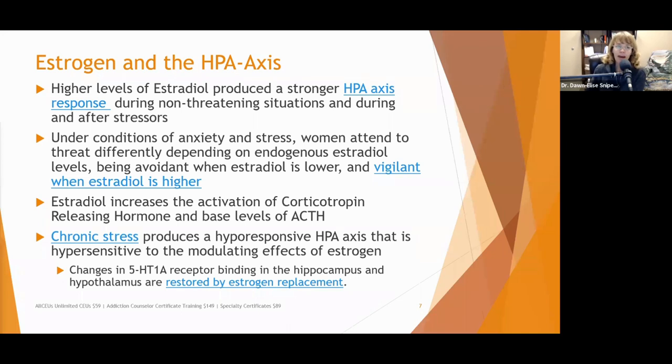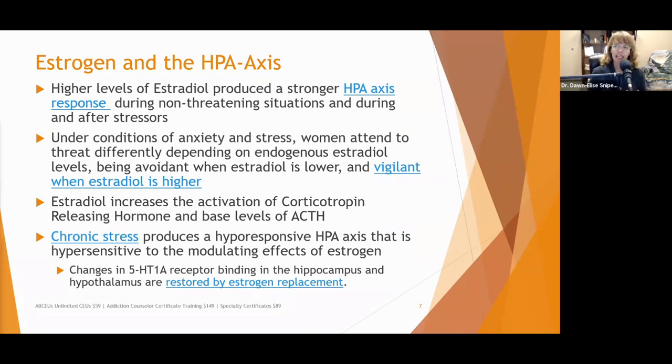If people have estradiol levels, ratio to estradiol levels higher than what they need, I hate to use the word normal, so I'm trying not to use it, then excessively high levels of estradiol can produce HPA axis dysregulation. So when somebody gets stressed out, they go from 0 to 200 in 1.2 seconds.